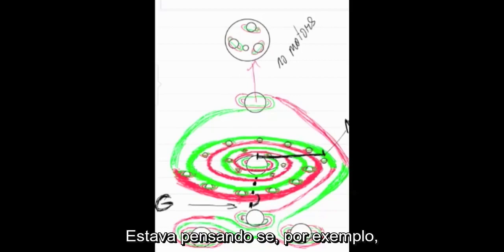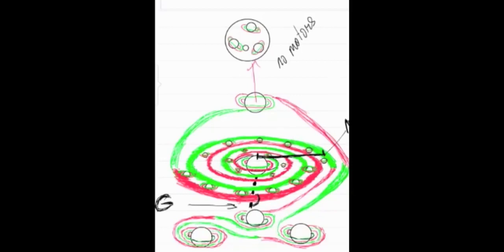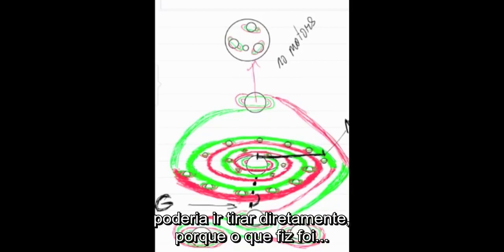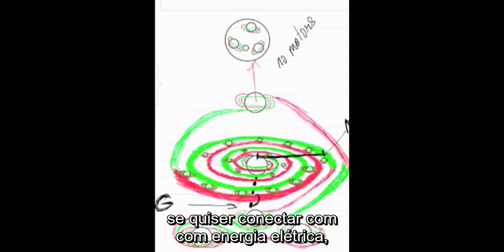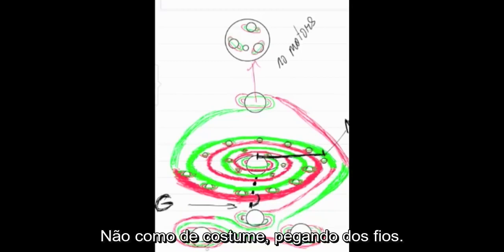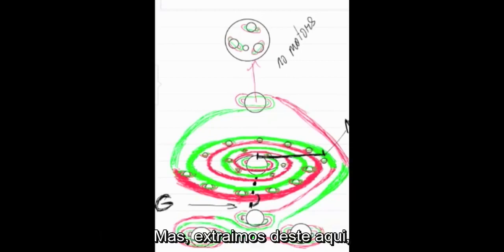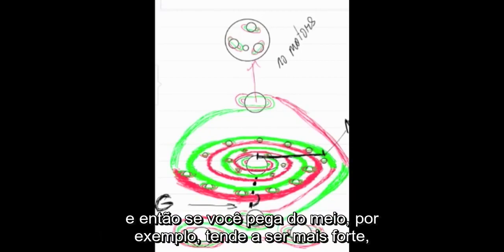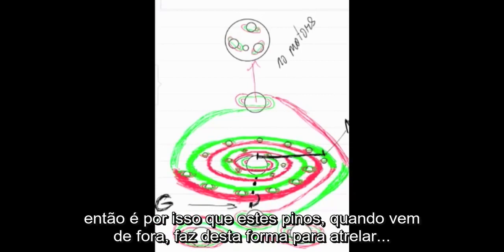Then I was thinking, if you want to connect to some electric power, basically you have to draw from these ones out, not from the wires as we usually do. And if you take it from the middle, it's supposed to be too strong. So that's why I made these pins, when it comes from the outside, in this way to attach.